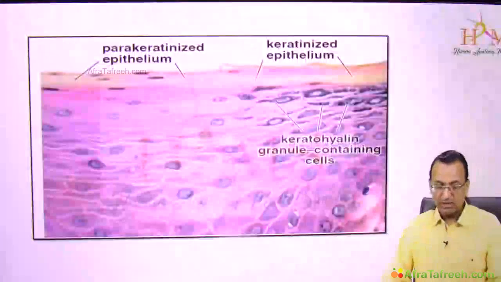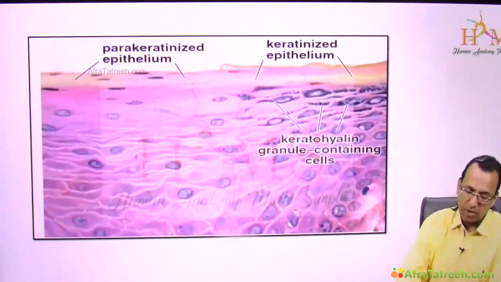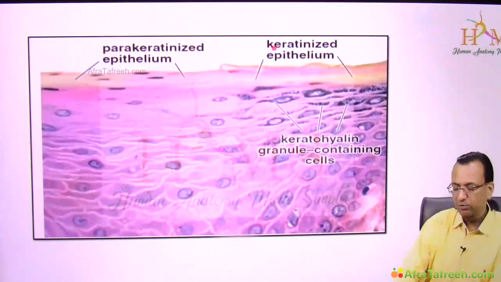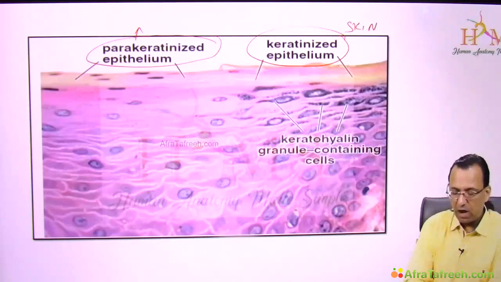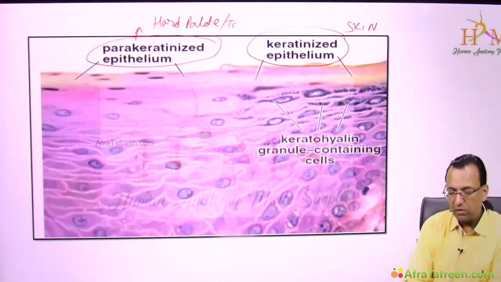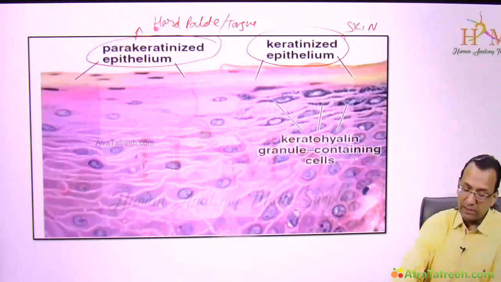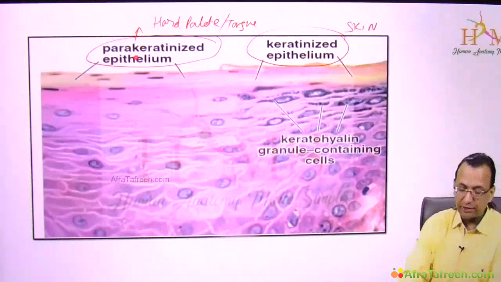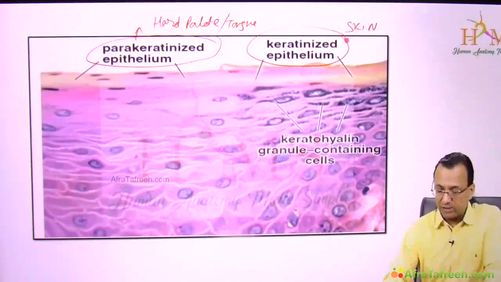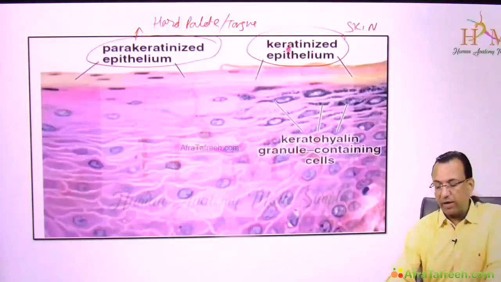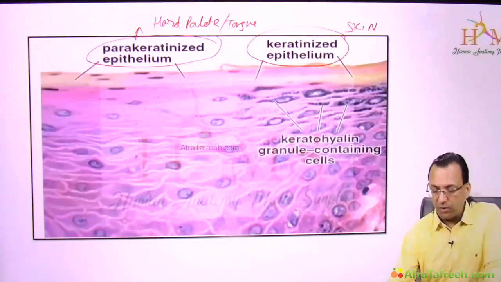At this moment, I just want you to understand what is the difference between parakeratinization and the actual keratinization. The actual keratinization you can find on the skin, and parakeratinization you can find on the hard palate, or maybe you can see that on the tongue also, in the oral cavity. So in the oral cavity, the hard palate and tongue have parakeratinization, but in the skin you have keratinization. What is the difference? See the difference. Simple. The superficial cells of a keratinized epithelium have no nuclei.